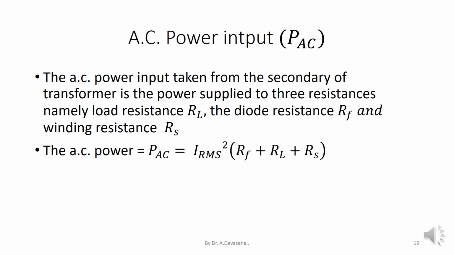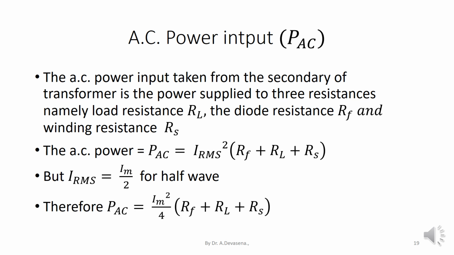The AC power PAC is Irms square into RF plus RL plus RS. But we know the value of Irms: Irms is equal to Im by 2. This is for half wave rectifier. Therefore, P suffix AC is equal to Im square by 4 into RF plus RL plus RS.